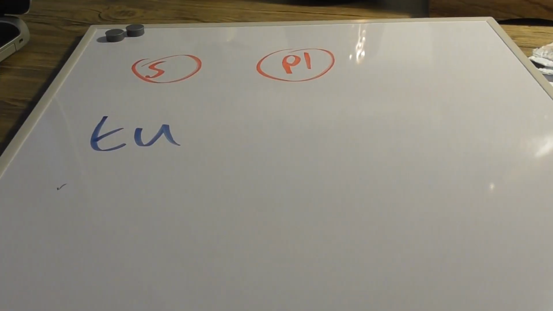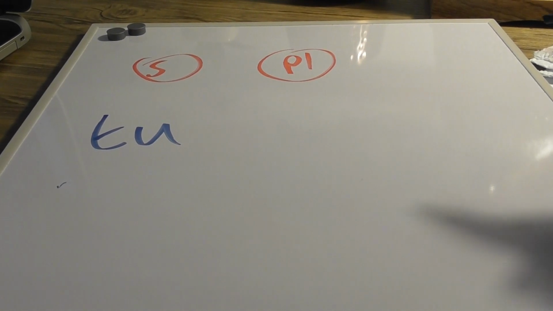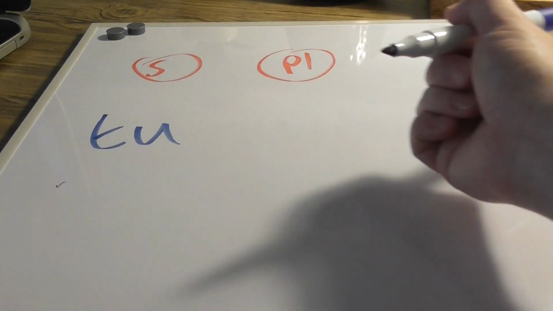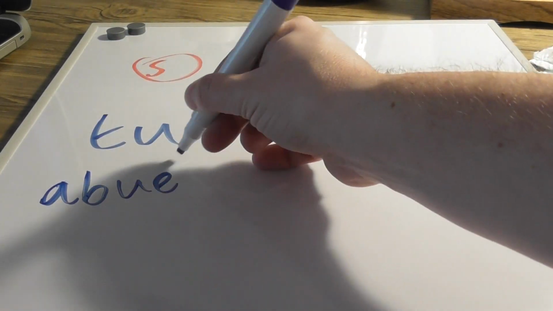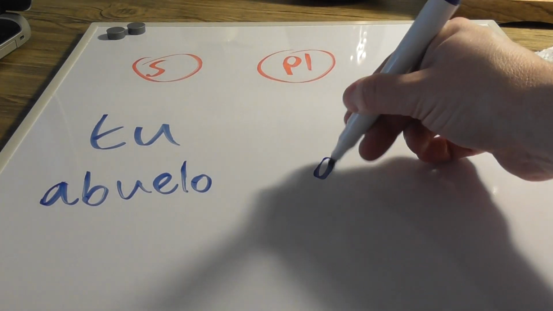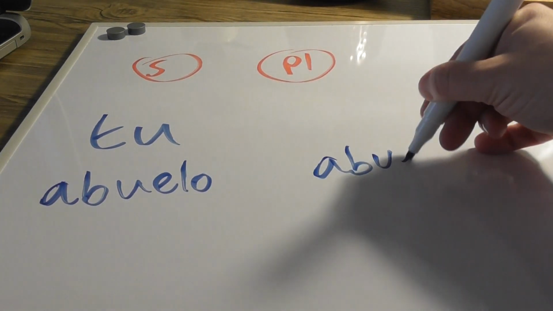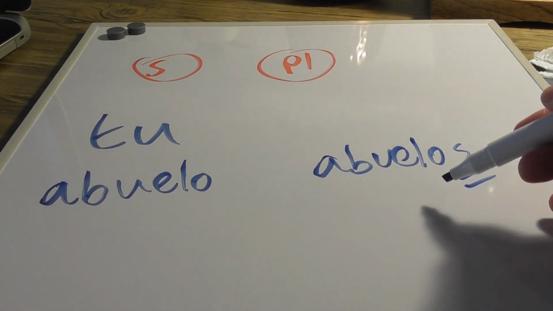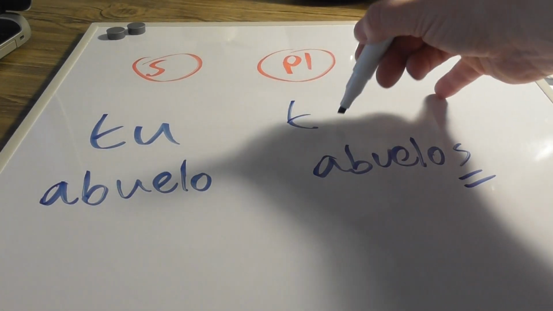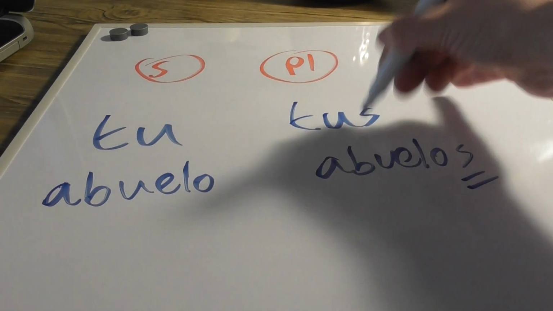And let's take the possessive adjective your, tú. So if I wanted to say your grandfather, I want to say tu abuelo. If I wanted to say your grandparents, so I put an S on the end of abuelo to show that the noun is plural, I'm going to say tus.